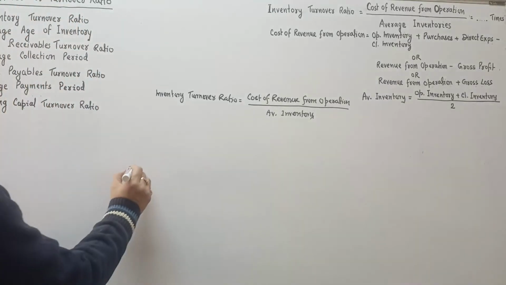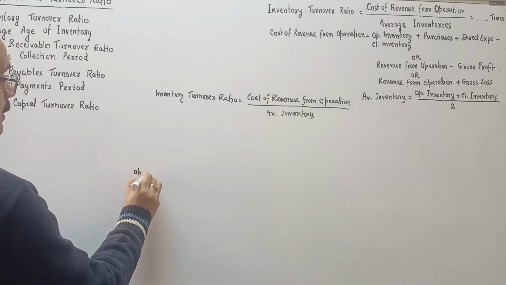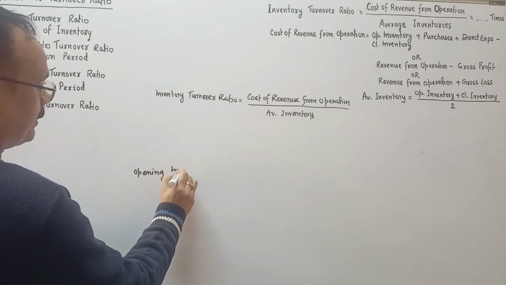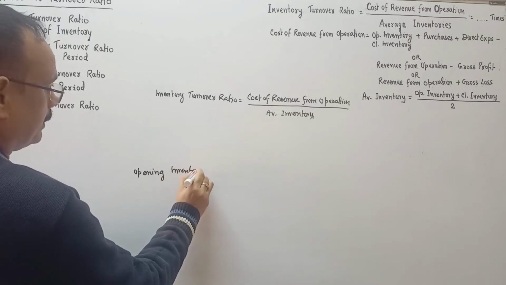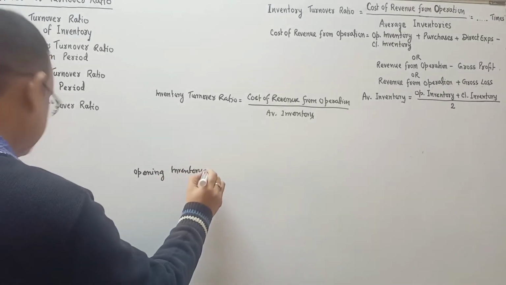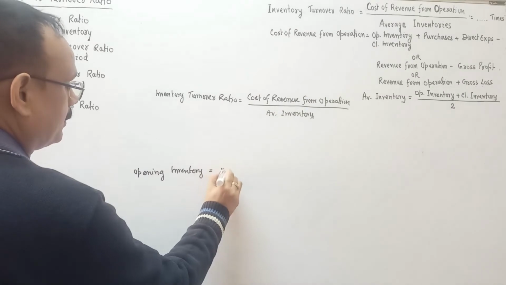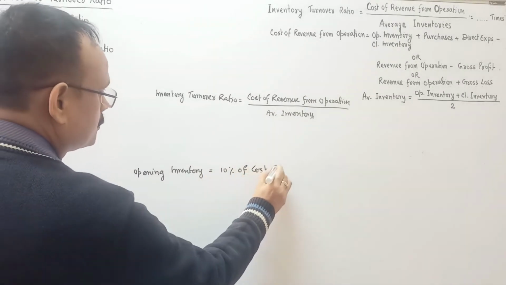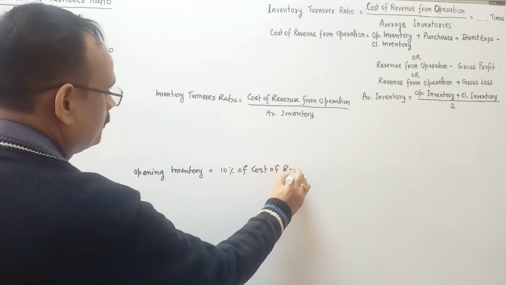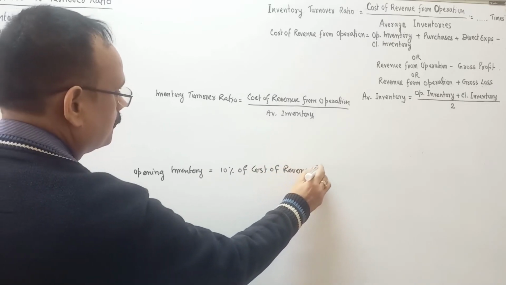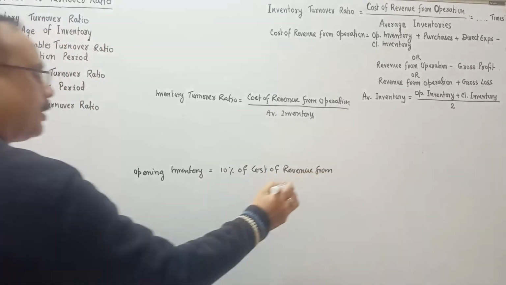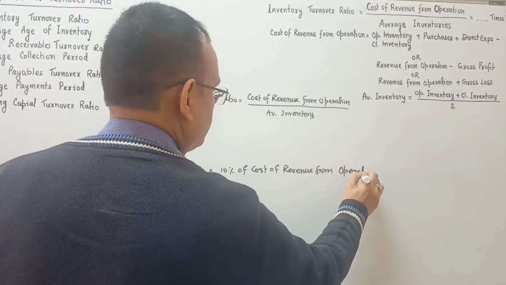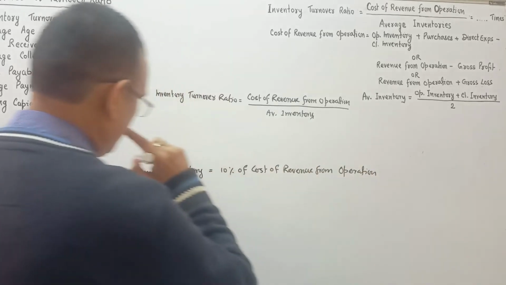So opening inventory, as per this information, is 10% of cost of revenue from operation.